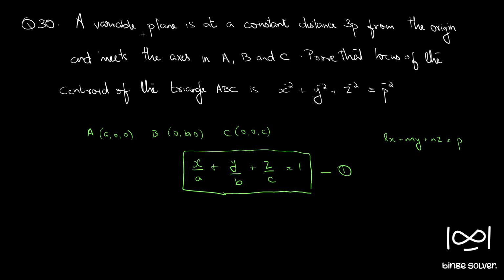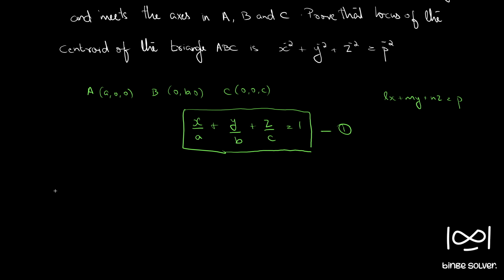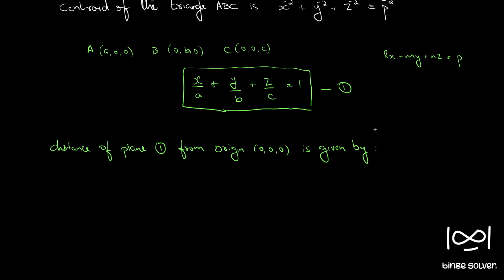It is given that it is at a constant distance 3p from the origin. So the distance of plane 1 from the origin (0, 0, 0) is given by this equation. It is 1 by root of 1 by a square plus 1 by b square plus 1 by c square.